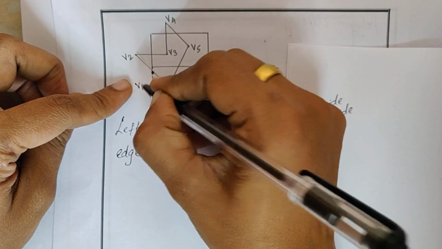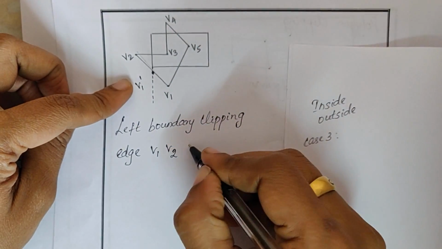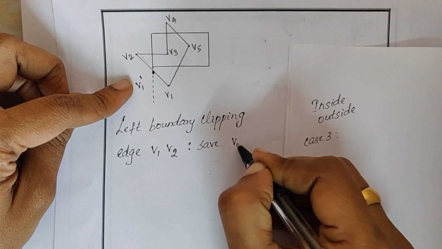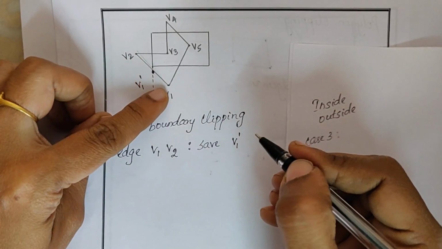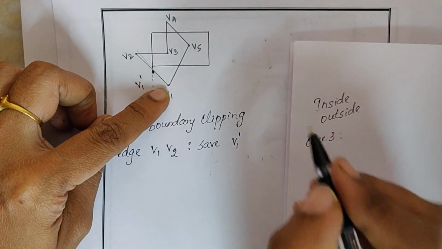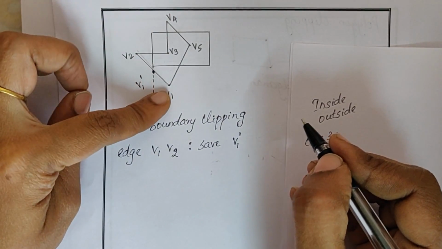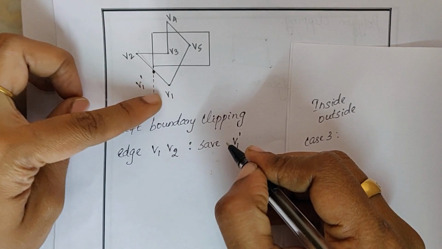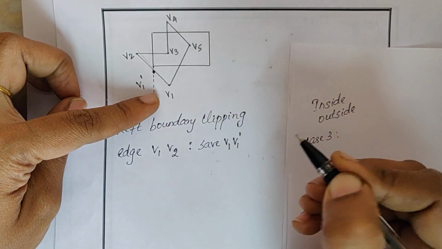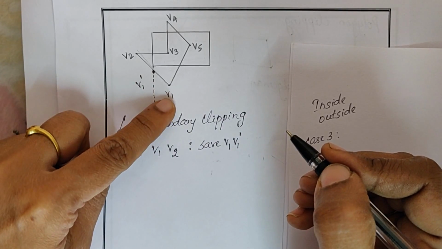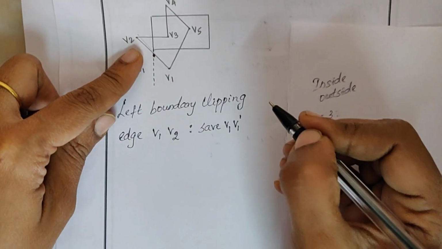Vertex 1 dash, right? So save the intersection point. Now you know this vertex 1 is the very first vertex of this given polygon, so I cannot miss this very first vertex. So I'll save the first vertex, right? So I have to save V1 dash.